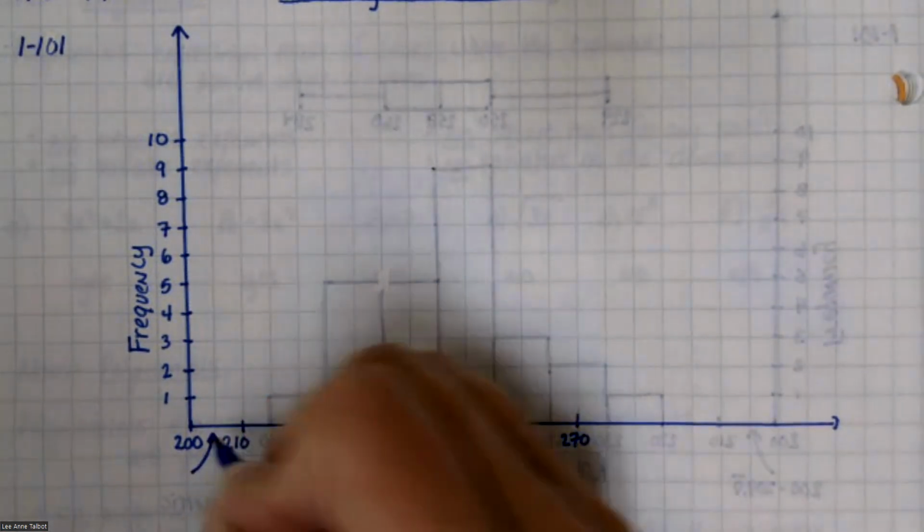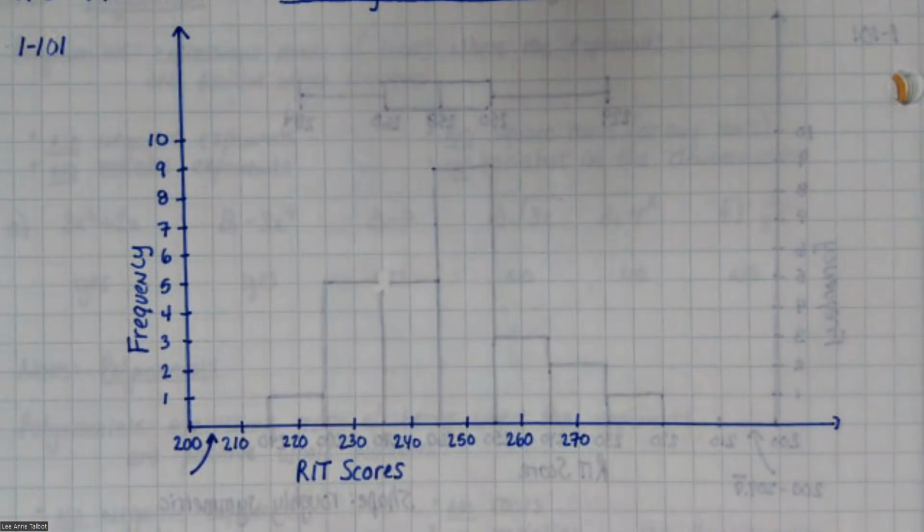Now, the next sentence that I say is the most important one about histograms. This is boiling it down to the thing you need to know. If one of the numbers falls on one of the bins, it goes in a higher bin.